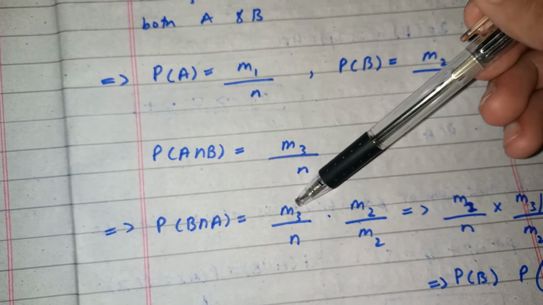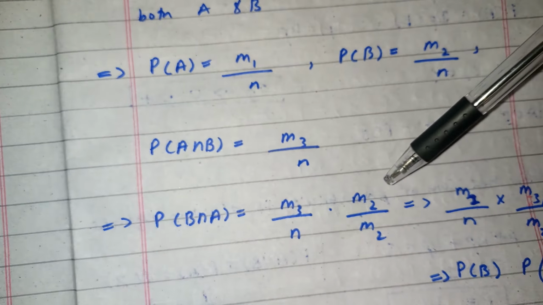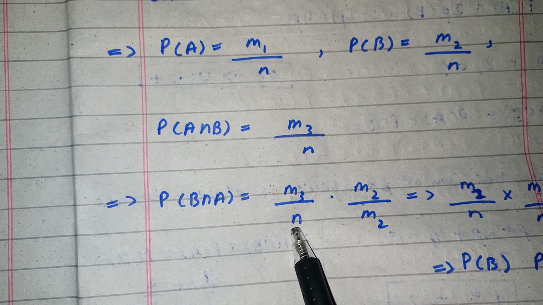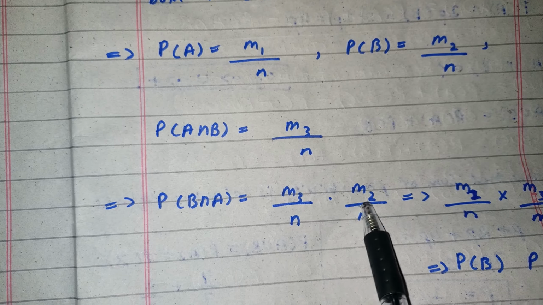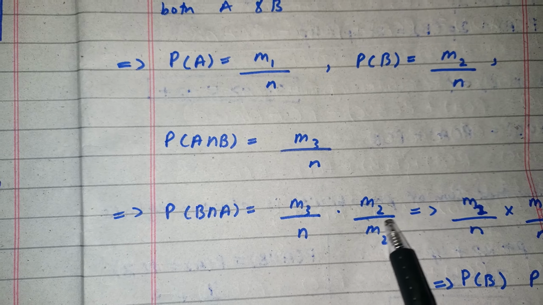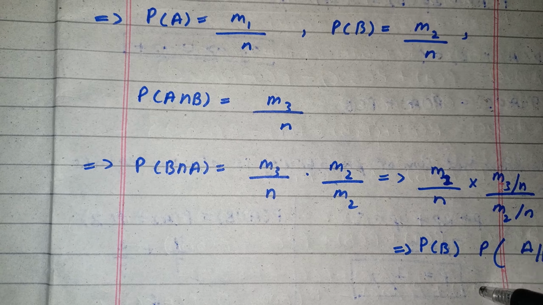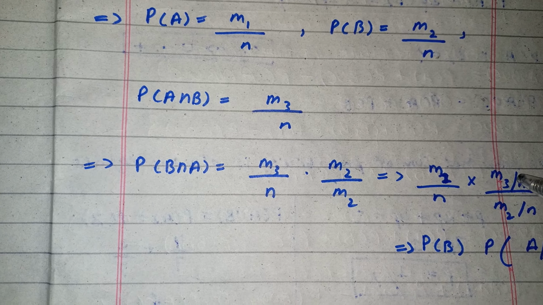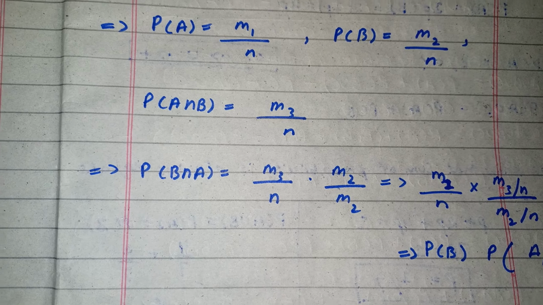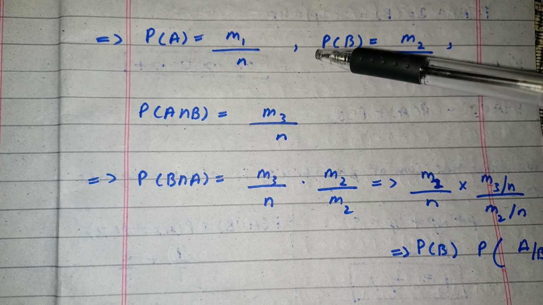So we're going to multiply and divide it by M2. Why? Because M2 over N gives us probability of B, and M3 over M2 gives us nothing yet, but we multiply and divide by M2 because we need something that is not there.